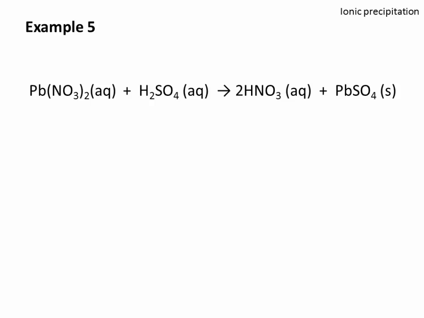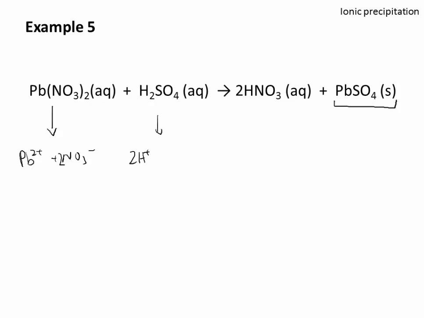Now in this ionic precipitation, the precipitate formed is lead 2 sulfate. So this is what you have at the end, leave it alone. Let's break down all the respective aqueous compounds. Pb2+, and nitrate, there are 2 of them. Sulfuric acid is 2H+.